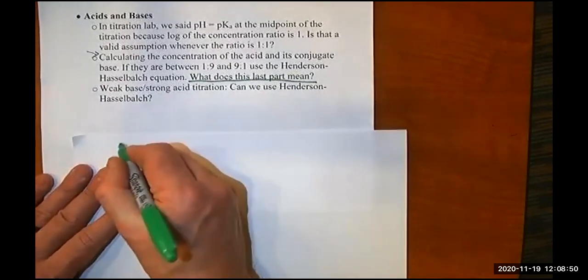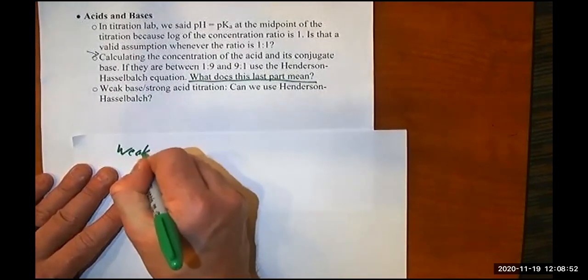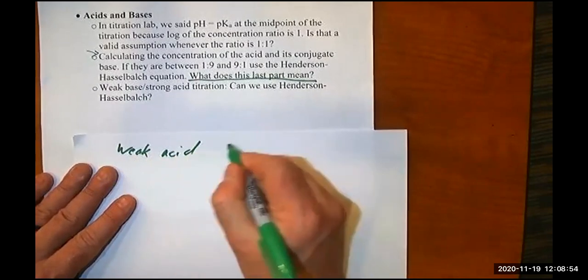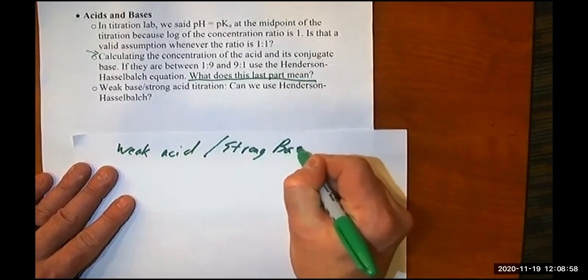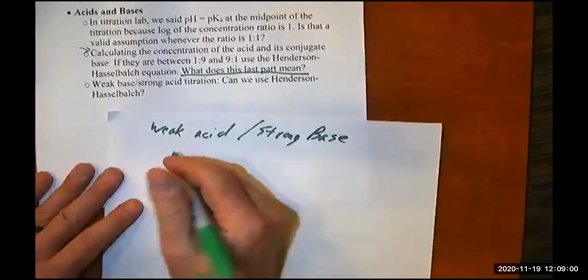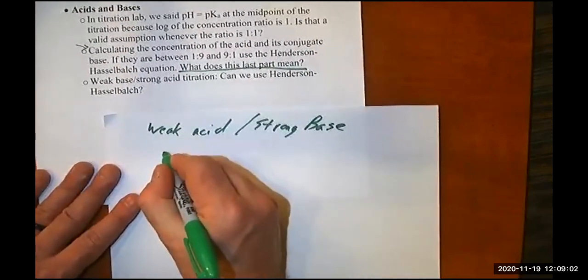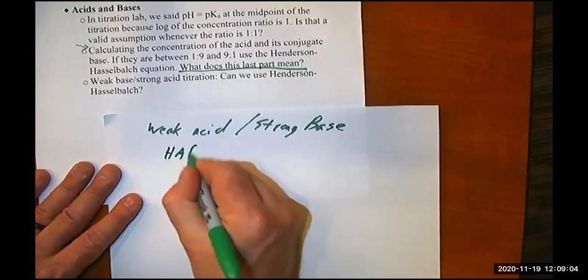So if we have a weak acid, strong base titration, we have our standard acid reaction for HA.